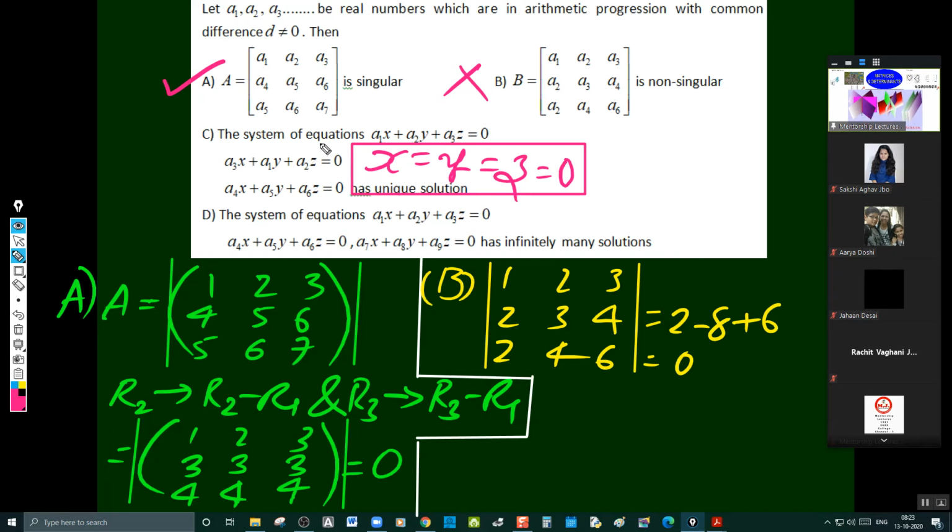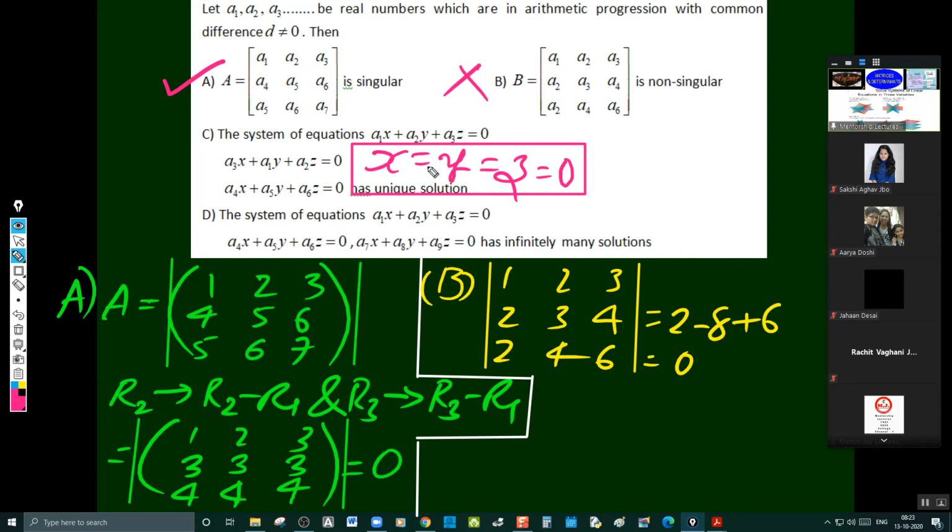That means the system of homogeneous linear equations in x, y, z is always consistent, please. There is no inconsistency case here. But what about the other thing?